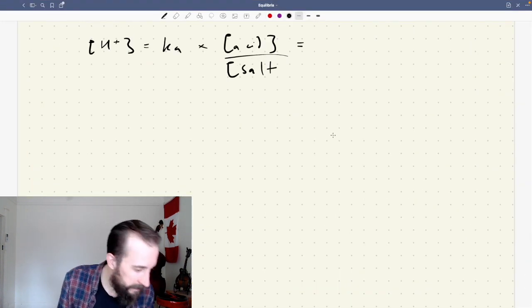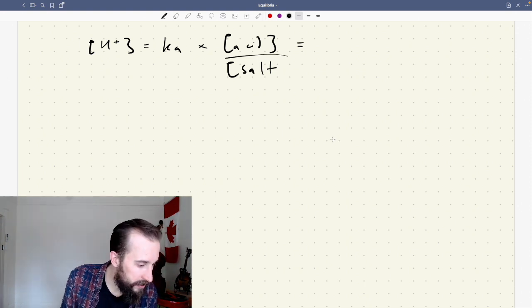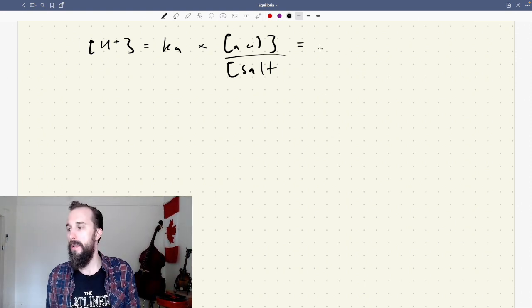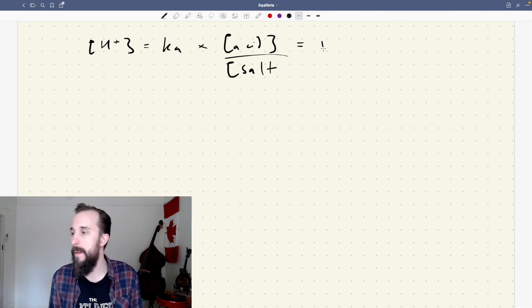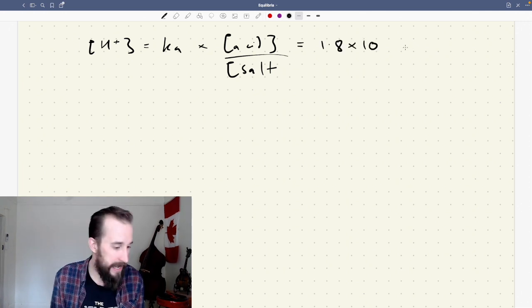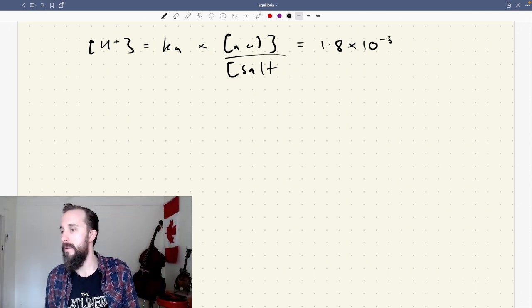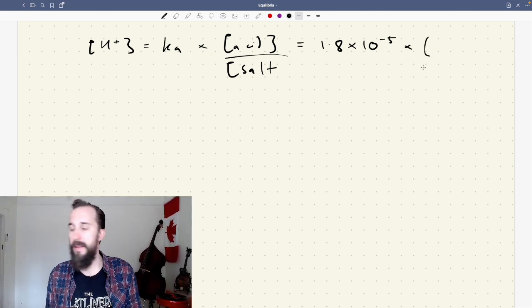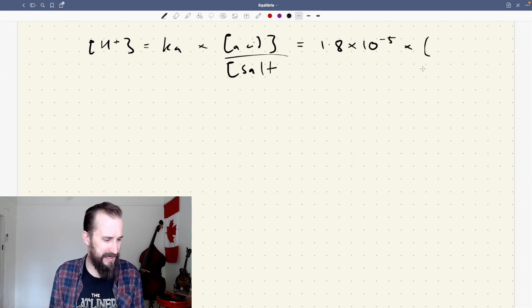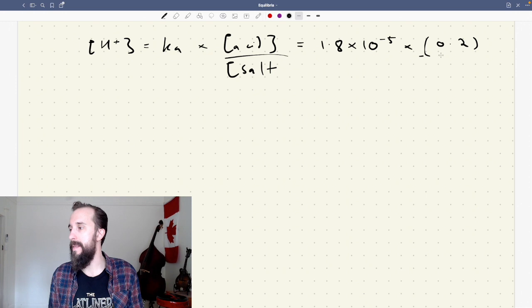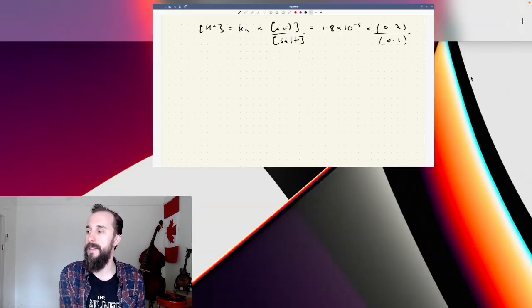So let's do our Ka first of all, 1.8 times 10 to the minus 5. And then we're going to multiply that by the concentration of the acid, which was 0.2. And then divide that by the concentration of the salt, which is 0.1.